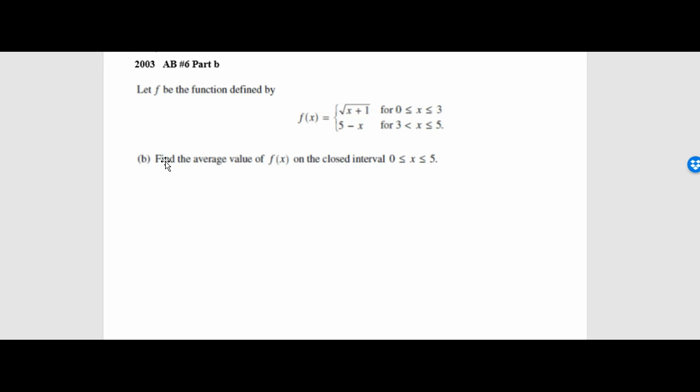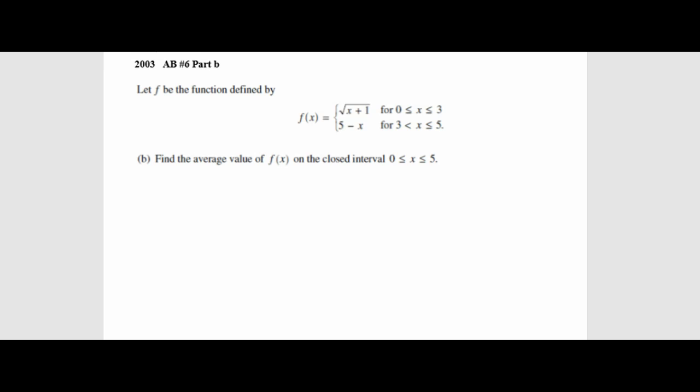You're actually given a piecewise function here, and you're asked to find the average value of f of x on the closed interval 0 to 5. So you're going to have to use that formula from up above. Make sure you check initial conditions, and then figure out how you could evaluate here. And just a heads up, this would be a non-calculator question.